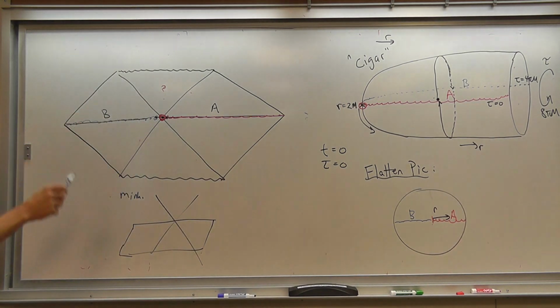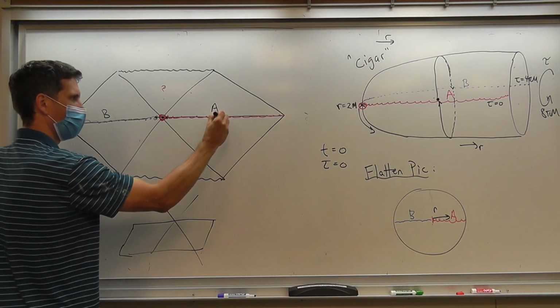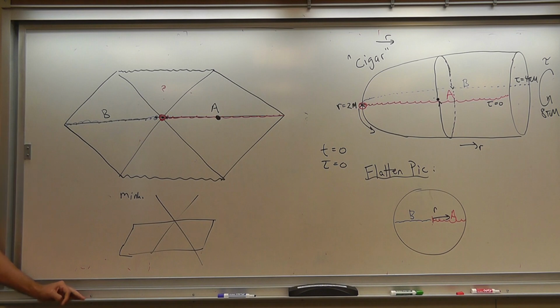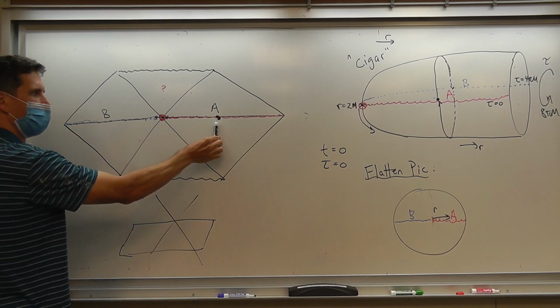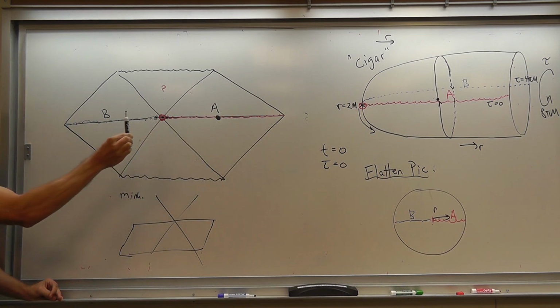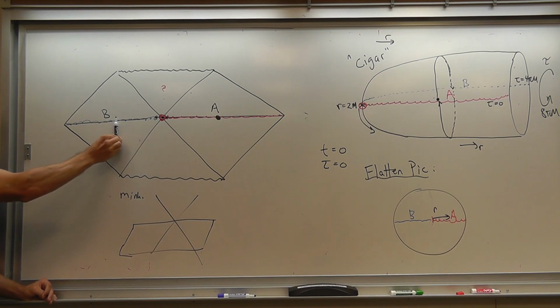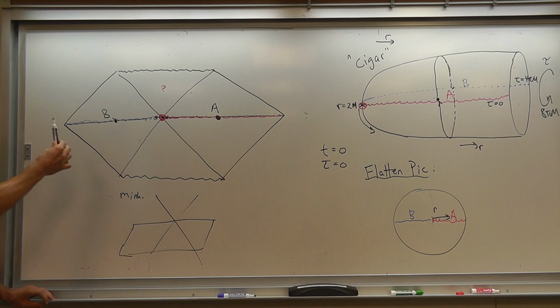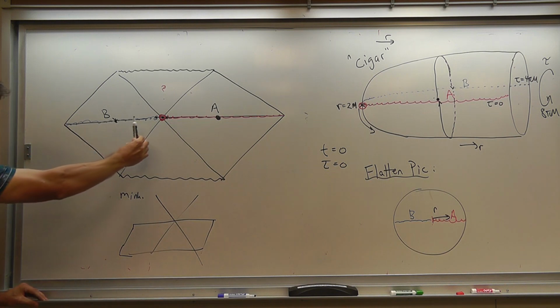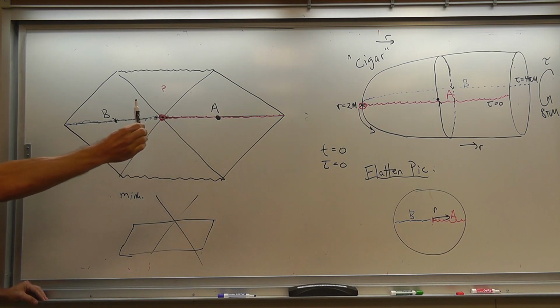So what is that on this picture? You're starting halfway in region A, and then you're going around the angular direction of the disk to here. You hit point B, and then you keep going into the board and back around to the point you started.